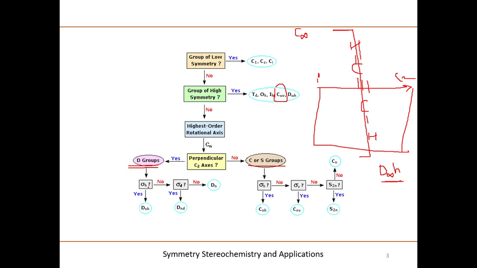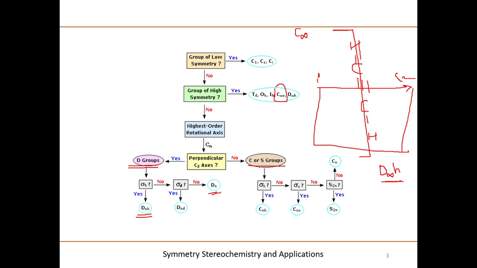If the sigma H plane is present, then we will write Dnh, like we have written here, D infinity H, where n is the highest fold of rotation. Now if it's absent, we will check the dihedral plane. If the dihedral plane is present, then we will write Dnd, and if it's absent, then we will write only Dn.